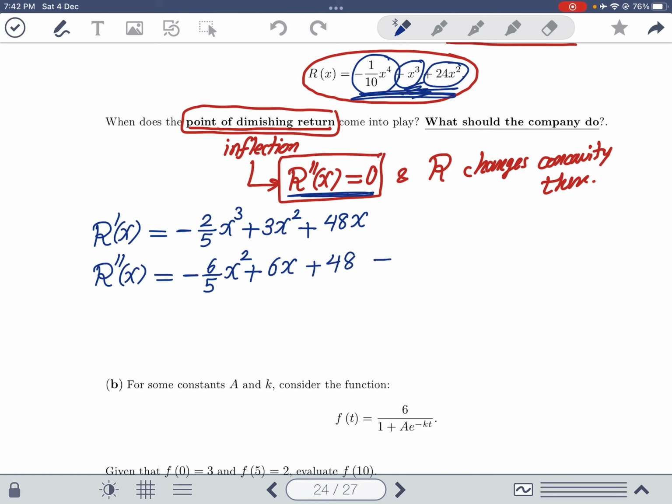And before I continue, let me take negative 6 over 5 as a common factor to make it an easier polynomial to look at. x squared, then you'll get minus 5x, and then minus 40. This way it's just easier to look at it.